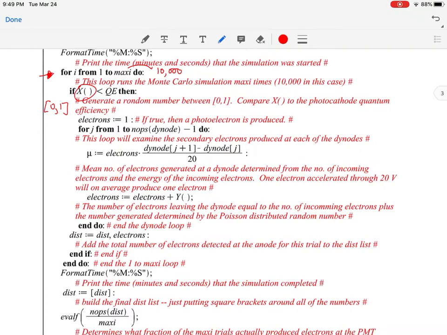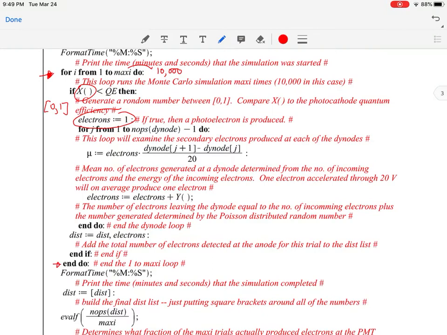If it is less than the quantum efficiency, then we say that we created an electron. If this condition fails, so x is greater than the quantum efficiency, then we just go all the way to the end of the loop and nothing happens.